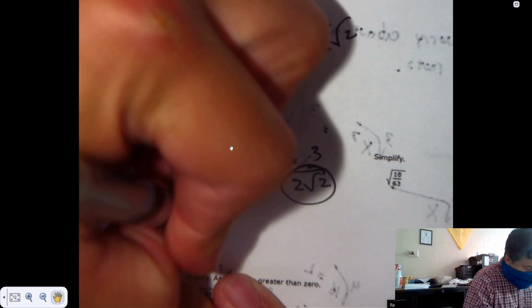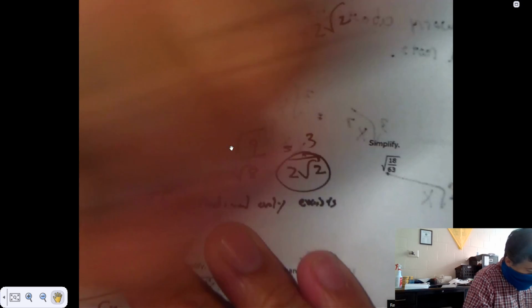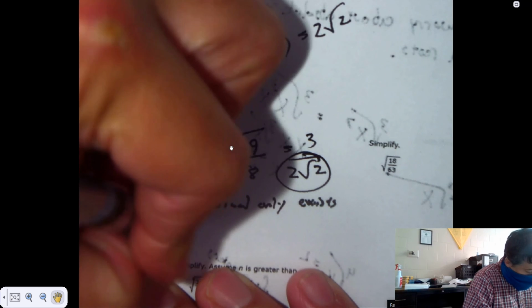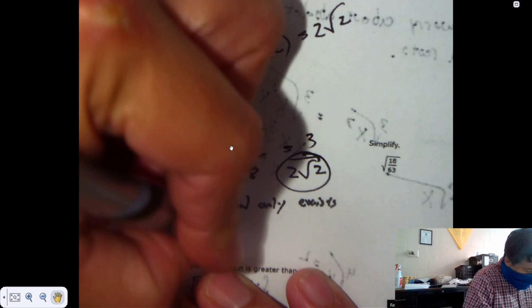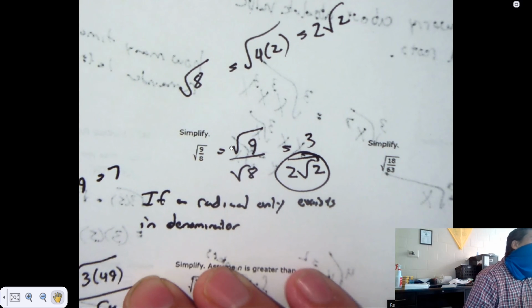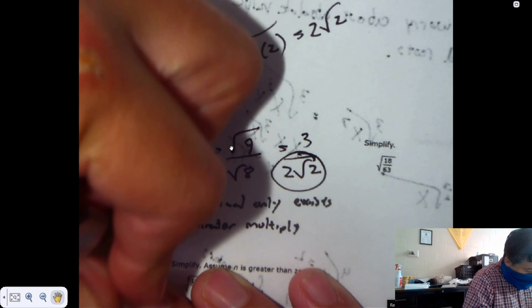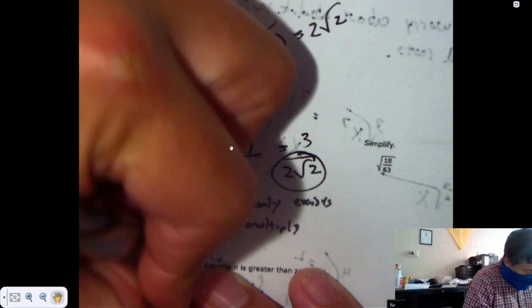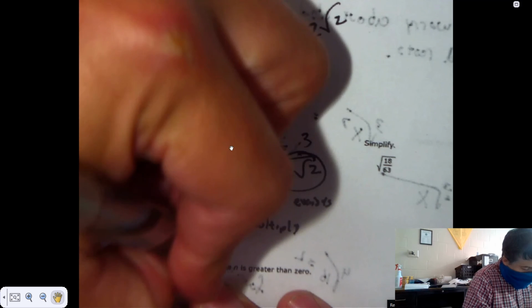If a radical only, 2 times that radical, exists in the denominator, I would say we rationalize it, but whatever. Multiply numerator and denominator by the radical.